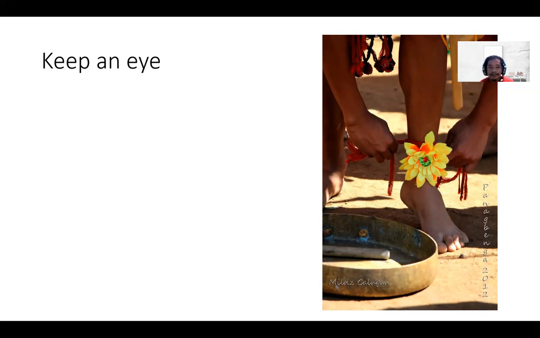It might need an experience. Of course, there are many photographers, and what might be interesting for me may not be interesting for another photographer. So this guy is fixing the sunflower on his ankle, and I just thought it's cute. It's interesting for a guy to tie a plastic sunflower. So I did my shot.